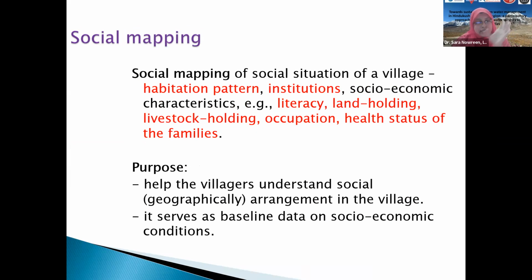Resource mapping is sometimes all about the resources you can materialize, but social mapping sometimes has both, and the main thing is what is intangible.